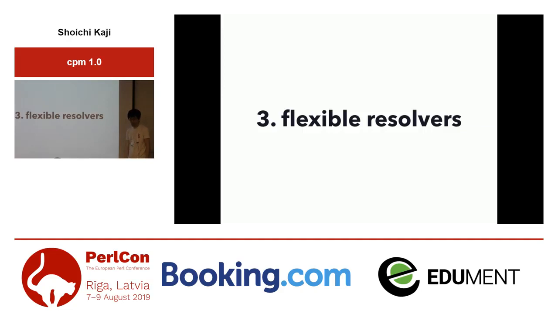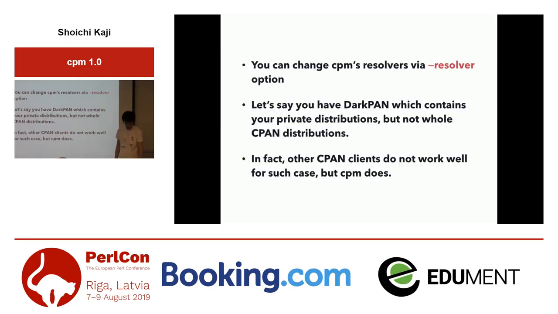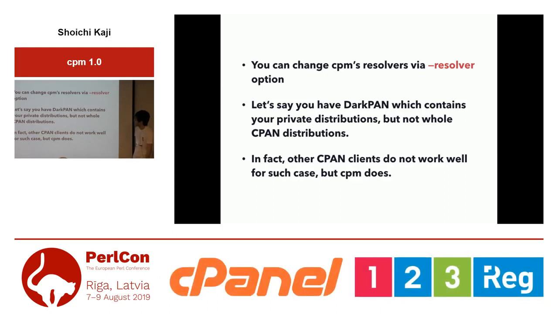The third feature is that CPM has flexible resolvers. You can change CPM's resolvers via the resolver option. So let's say you have a DarkPAN, which contains your private distributions, but not the whole CPAN distributions.